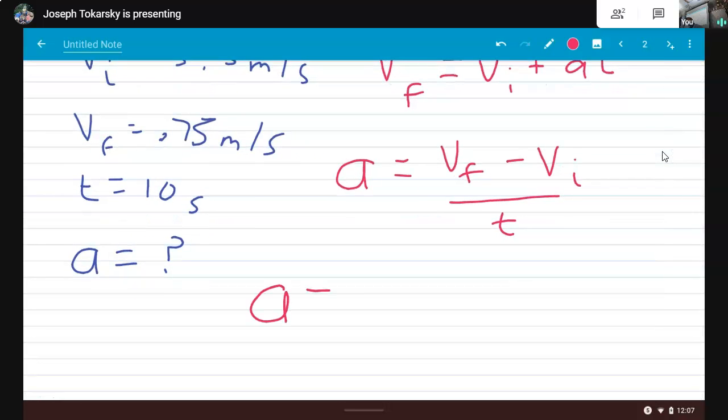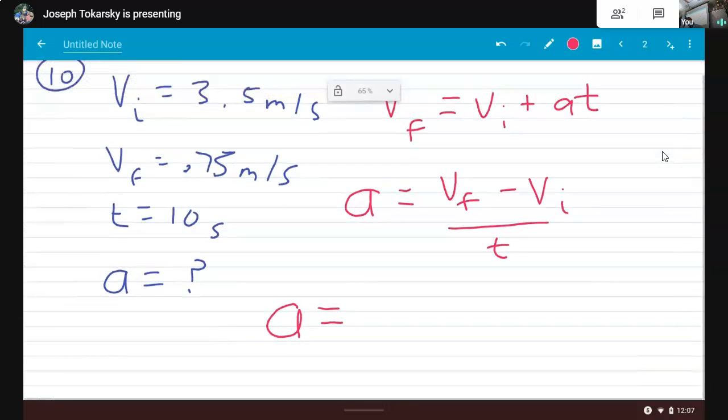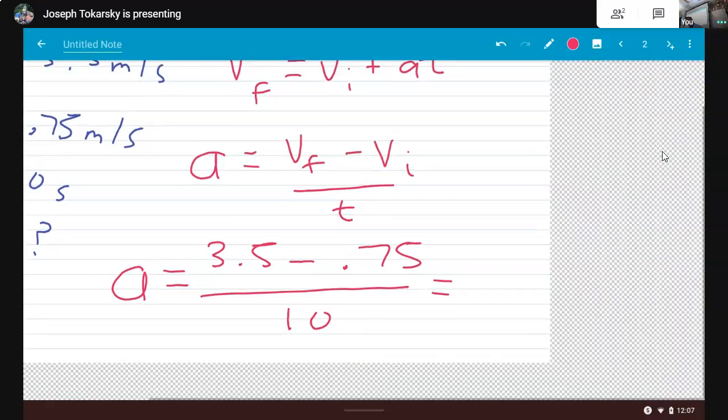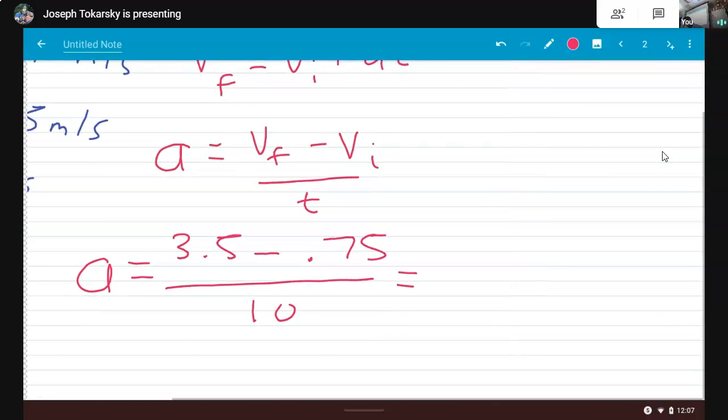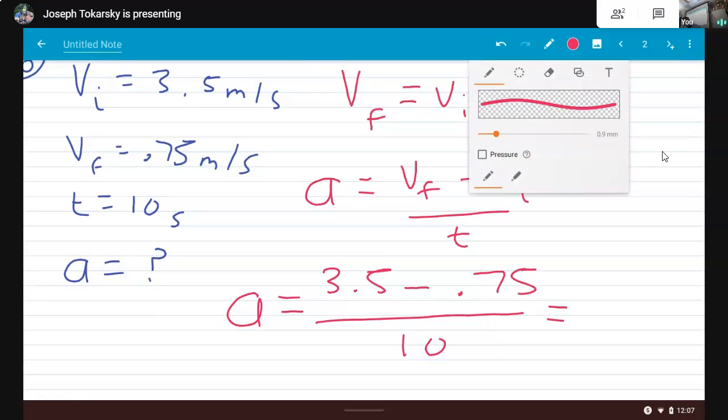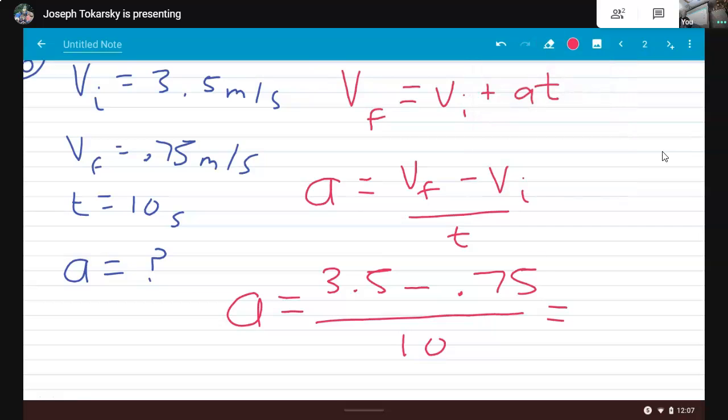Plug in the numbers, and we've got 3.5 minus 0.75. Units are all good, by the way, I already looked at that. Divided by 10. Oh, hold on, I plugged in these factors backwards. 0.75 is my VF, right?